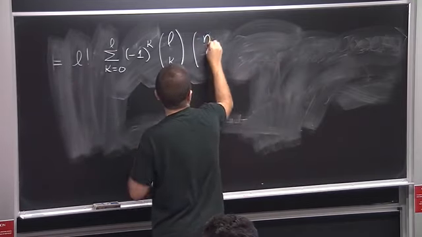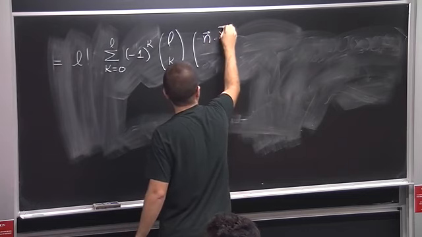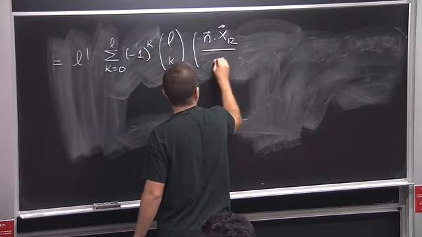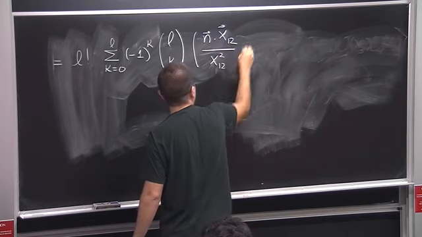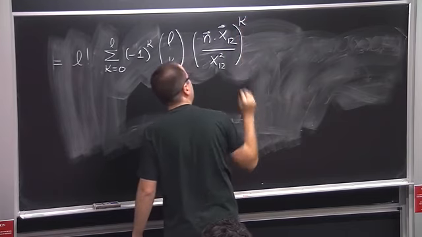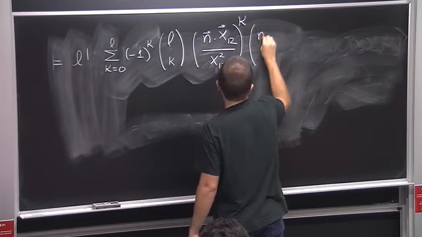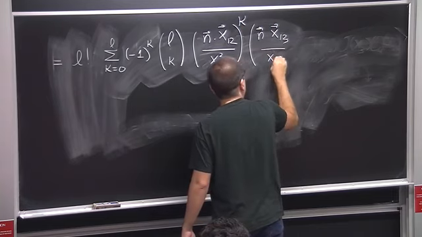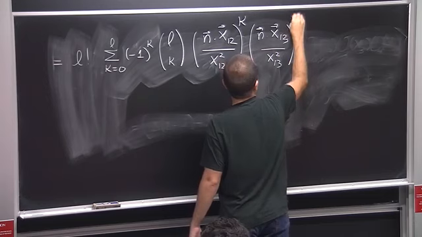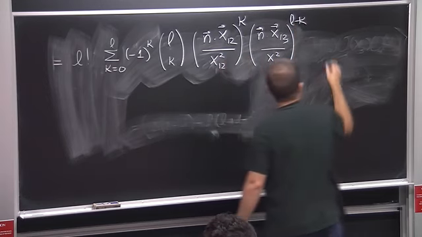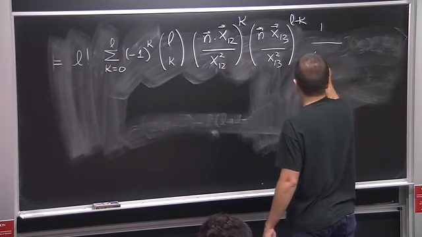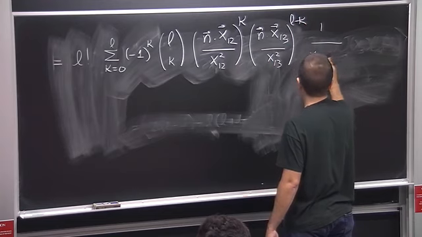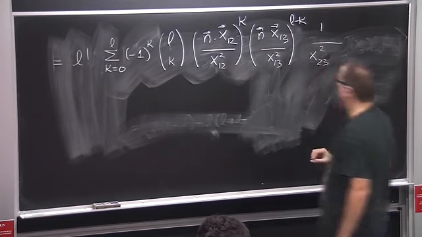And then you get the result of taking the derivatives of this propagator, which is n dotted with x12 over x12 squared to the power k. The result of taking the derivatives of the other one, n dotted x13 over x13 squared to the power L minus k. And then the lonely propagator, that poor propagator, no one acted on him, 1 over x23 squared.